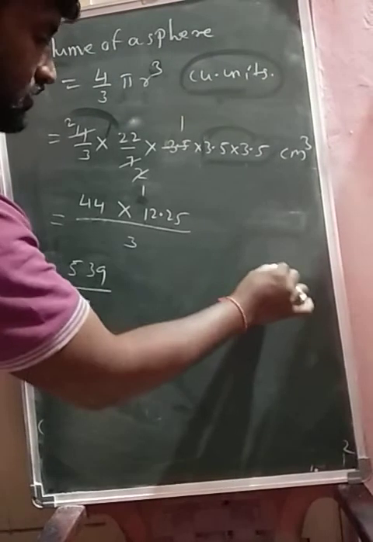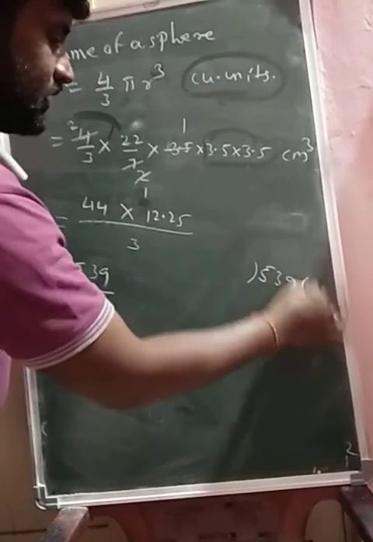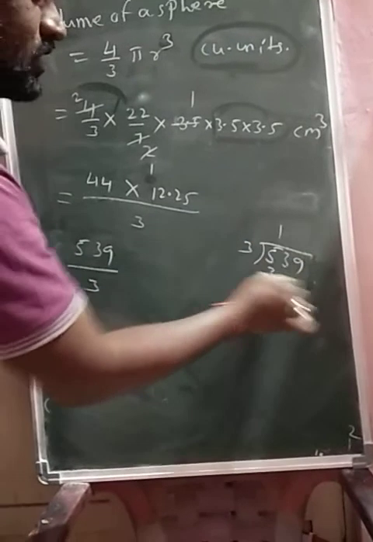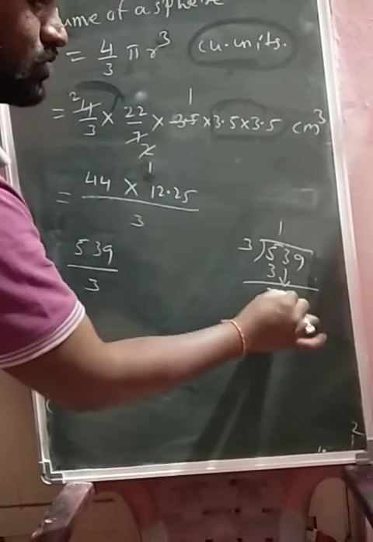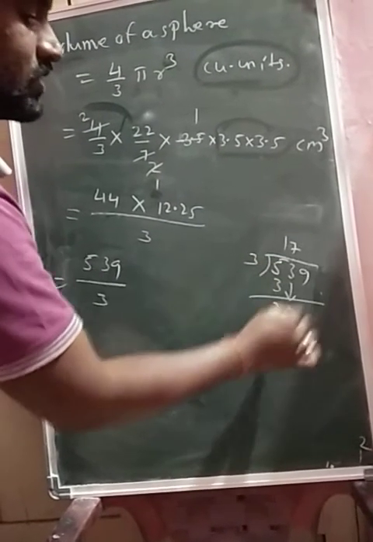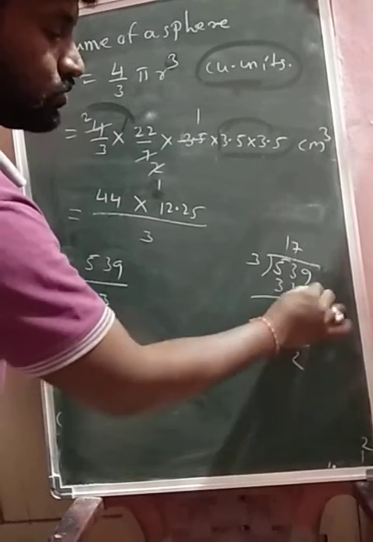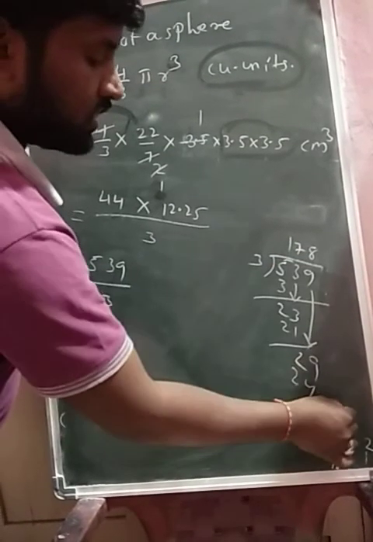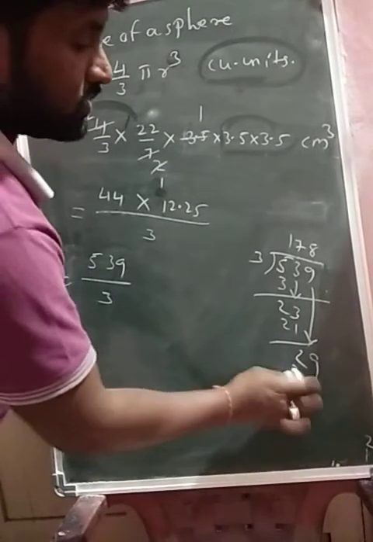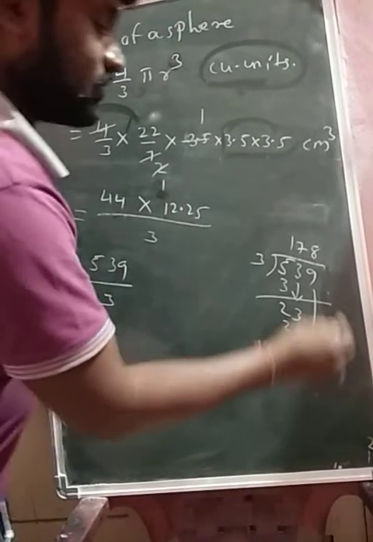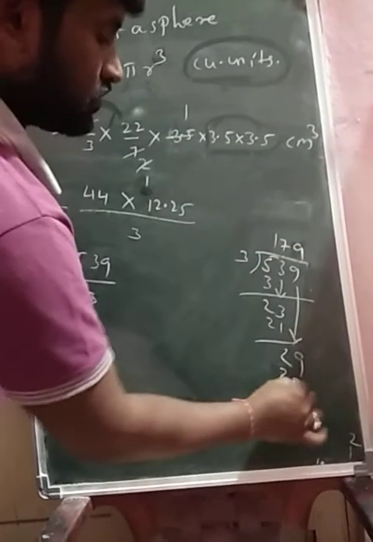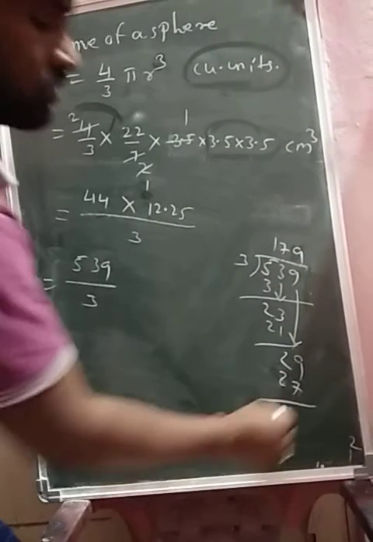539 by 3. 3 1s are, minus, 2 comes. 3 7s are 21, 2. 3 8s are 24. 3 9s are 27, 2.